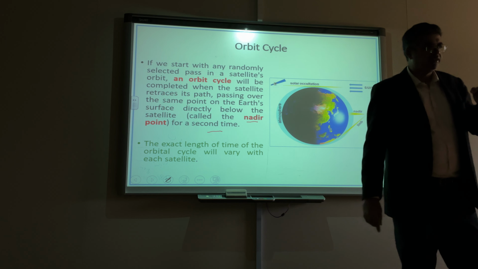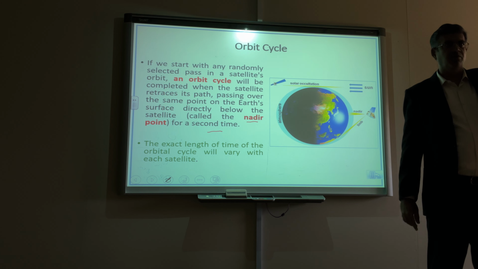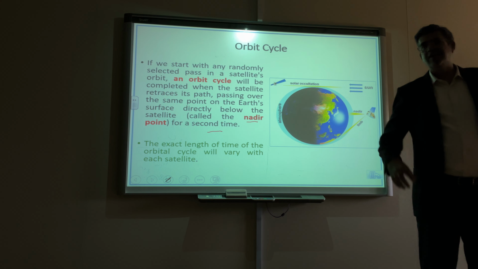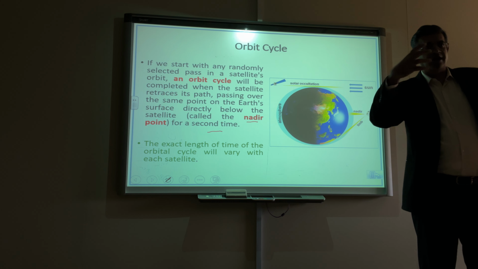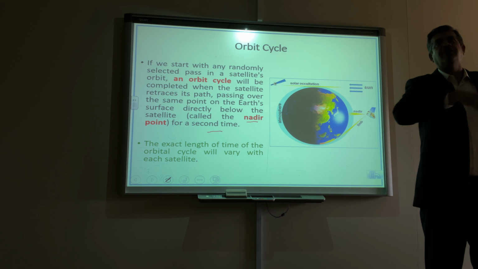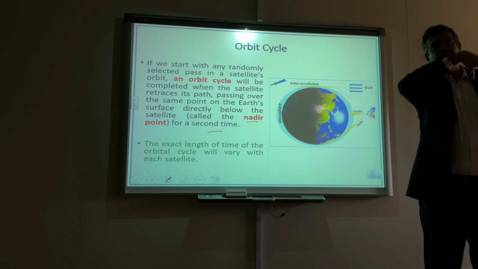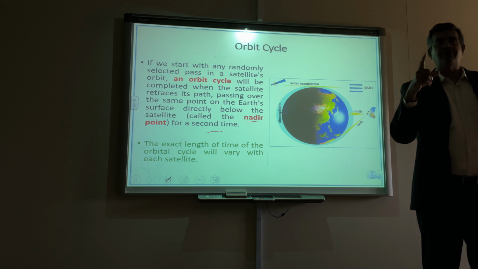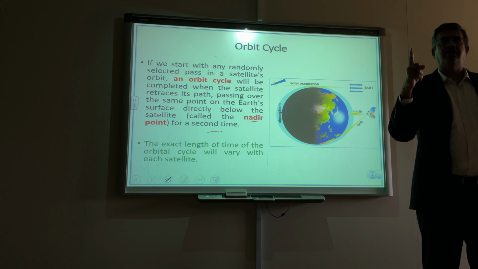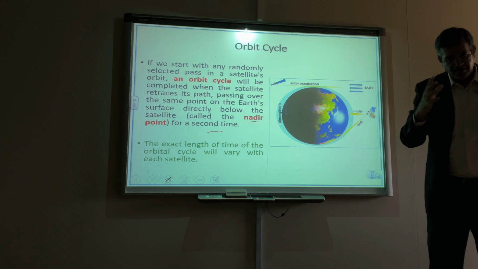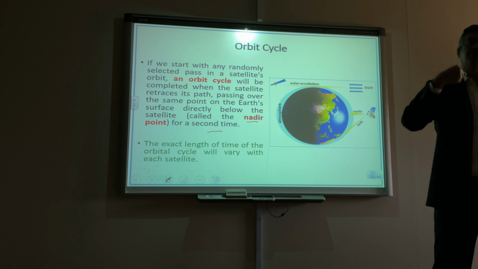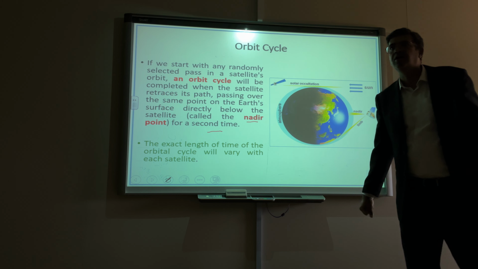For example, the satellite came over Riyadh and took an image of Riyadh today. The next time it took the image of Riyadh from the same position was, say, after 10 days. Same image, only the date has changed. So what is the orbit cycle for that satellite? 10 days. After 10 days it will retrace the same path. That is called the orbit cycle.